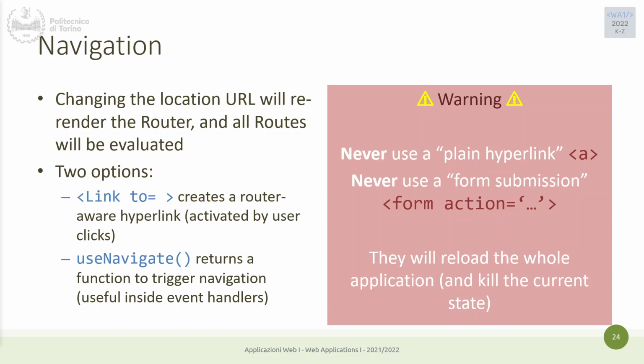You always have to replace them with a Link component, because a plain hyperlink forces the refresh of the application, which is something we don't want, because we want to still fake a single page application and we don't want to lose, for instance, the state. So remember that now that we switch to Link, we can't use the traditional anchor anymore. We have to replace all of them with this tag.